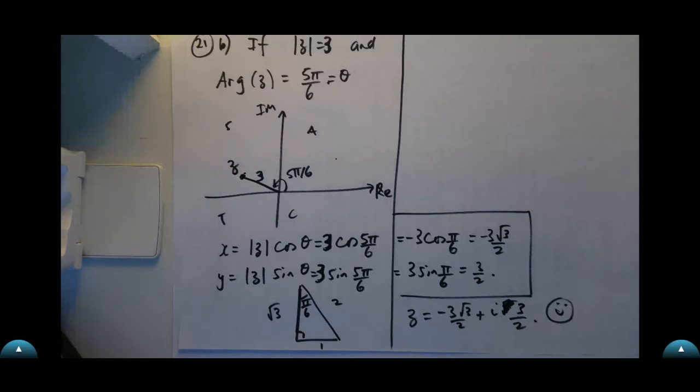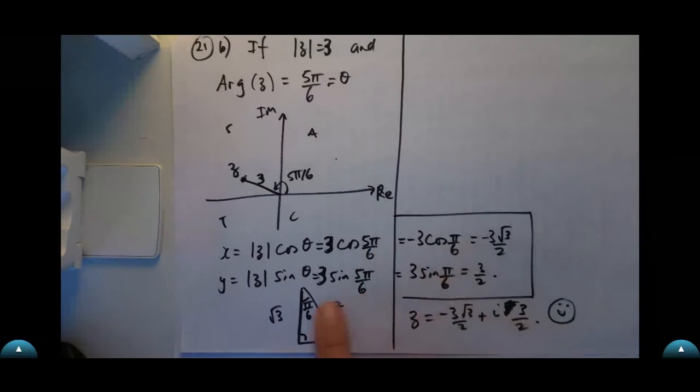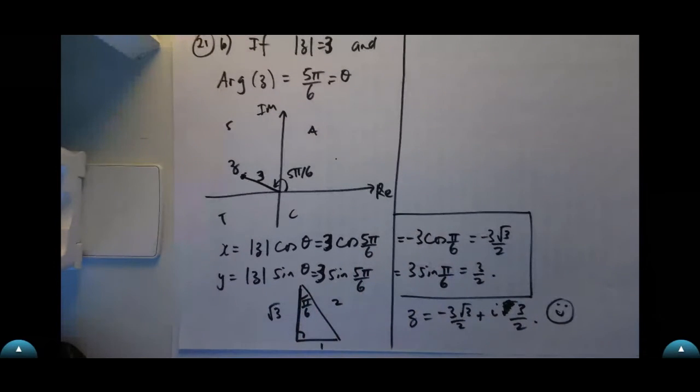So let's look at a slightly more challenging problem. Do you know what cosine of 5 pi on 6 is, Abdul Rahman? Not many people do. So the idea is to get this down to acute angles, which you can easily deal with.